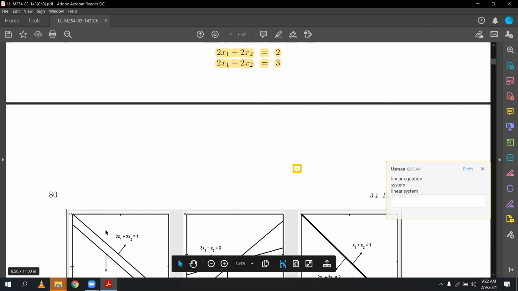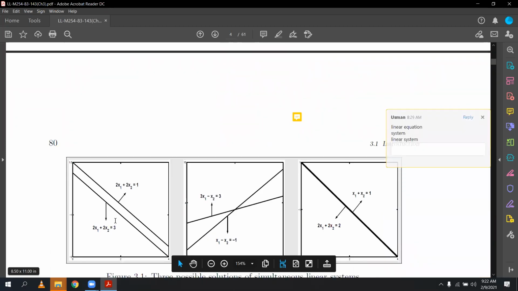Because this is 2x1 plus 2x2 equal to 1, and this is 2x1 plus 2x2 equal to 3. So the left-hand side is the same for both, but the right-hand side is different. It means when you sketch the graph, they are not intersecting. And when they are not intersecting, that means no solution.